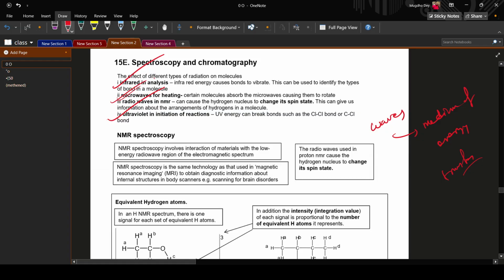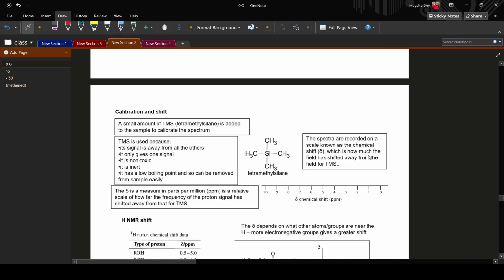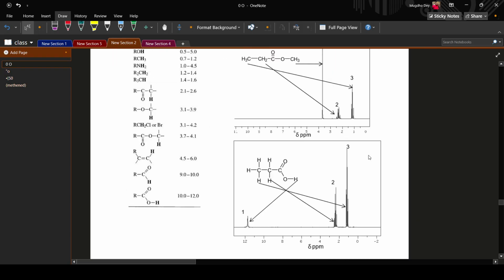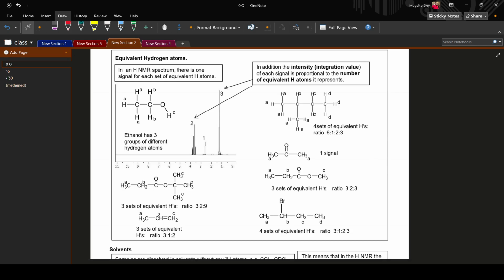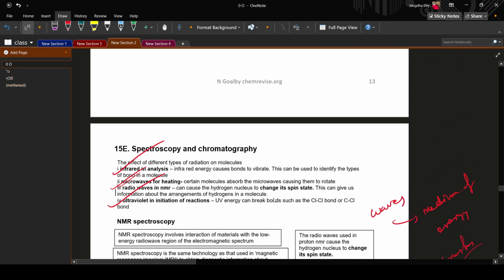So we have infrared spectroscopy. We learned this back in AS, right? Remember we learned IR in spectroscopy. So that's what they're trying to say here. What does infrared energy do? It basically causes the bonds to vibrate, and the vibration is measured in what? We saw that in IR spectroscopy.